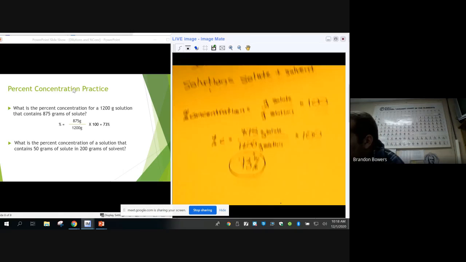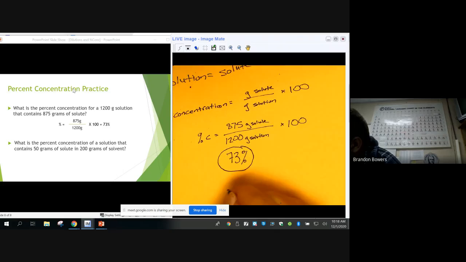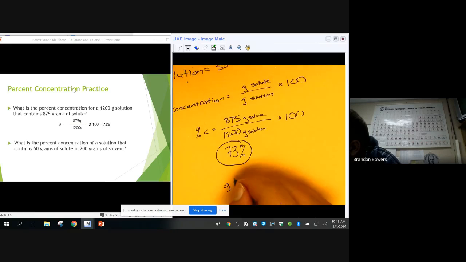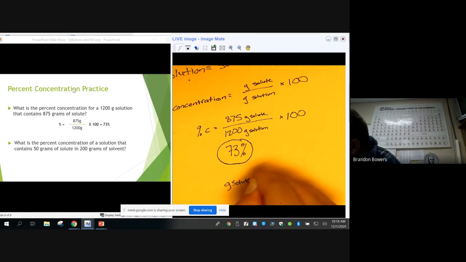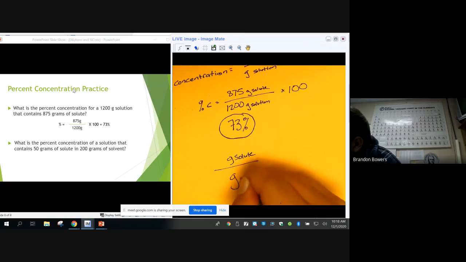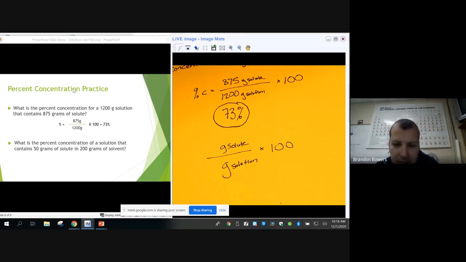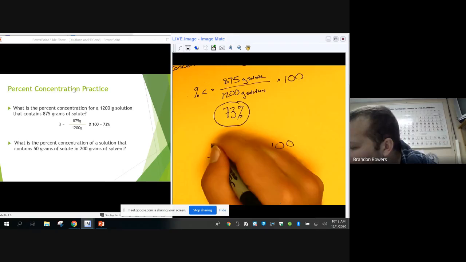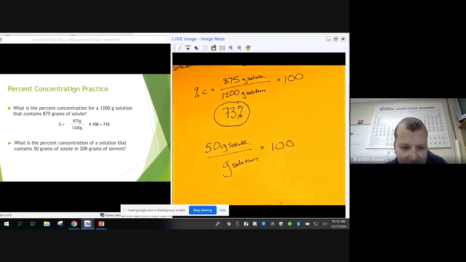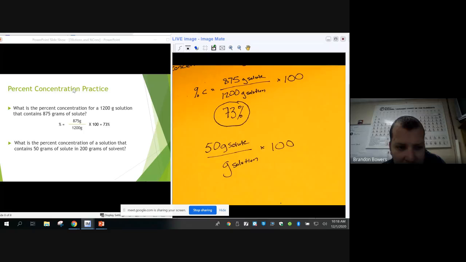So I'm going to have the grams of solute over grams of the solution times 100. Okay, so in this problem, it tells me grams of solute was 50. Grams of solution. Wait a minute. It doesn't tell me grams of solution.